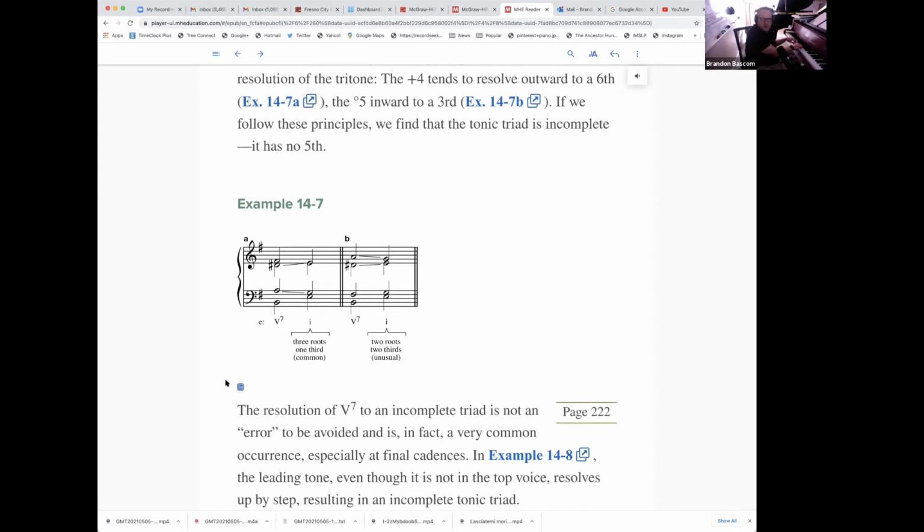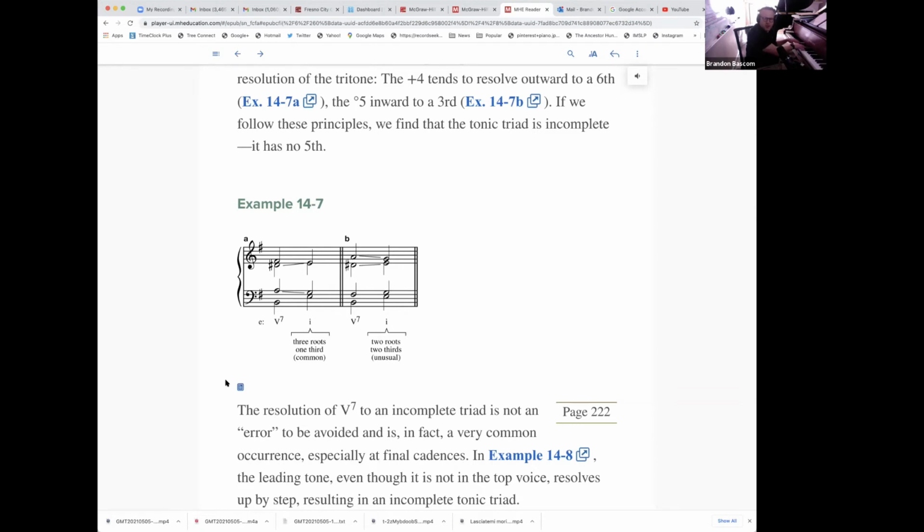They omitted the fifth. We have three roots: basses, altos, sopranos. Okay, here's the diminished fifth.